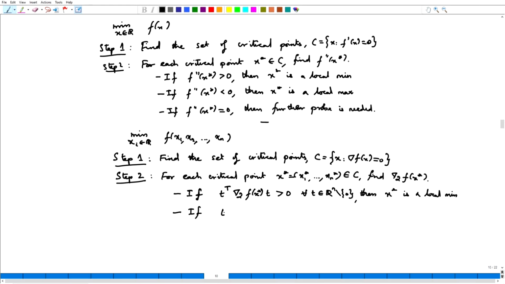And if this quantity is less than 0 for all non-zero n dimensional vectors, then x star is a local max.